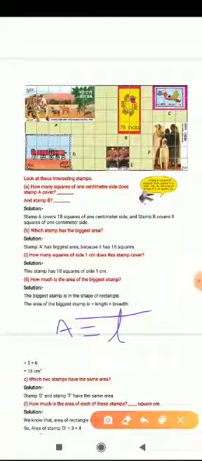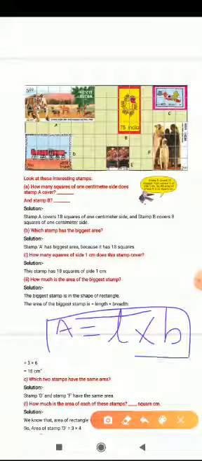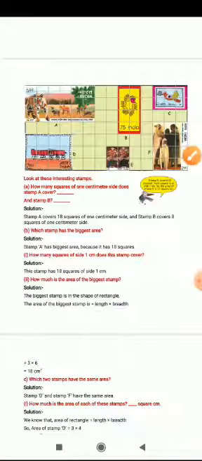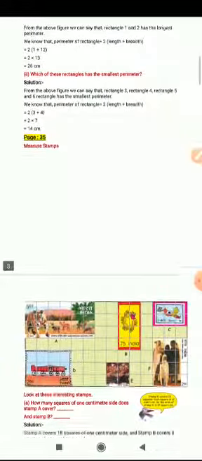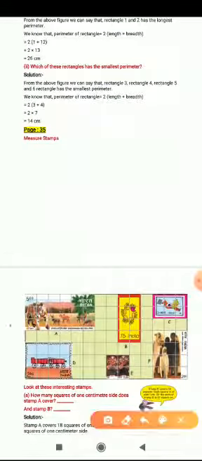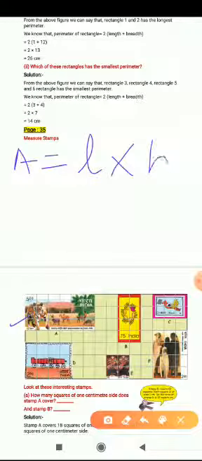Area is equal to length multiplied by breadth. Now we are finding the area for stamp A. This one. So I am doing the calculation over here. I am writing A for area, L for length and B for breadth.